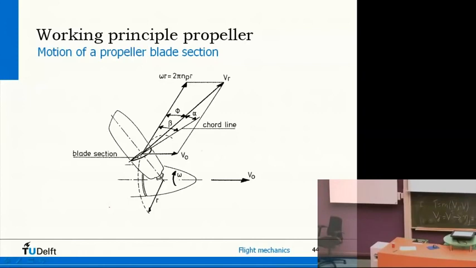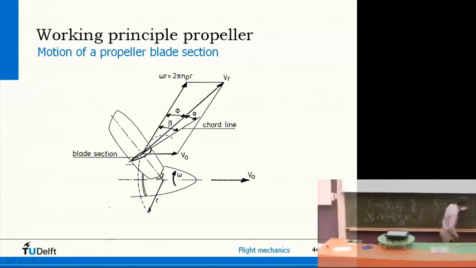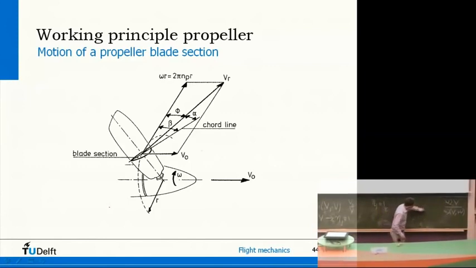If you look at that cross section, it's traveling at a very high speed just because the propeller is rotating. So this cross section has a large speed due to the rotation. Of course, the propeller as a whole is also traveling forward, which is V0. So the cross section sees the combination of these two velocities, omega r and V, and together you get some kind of total velocity.